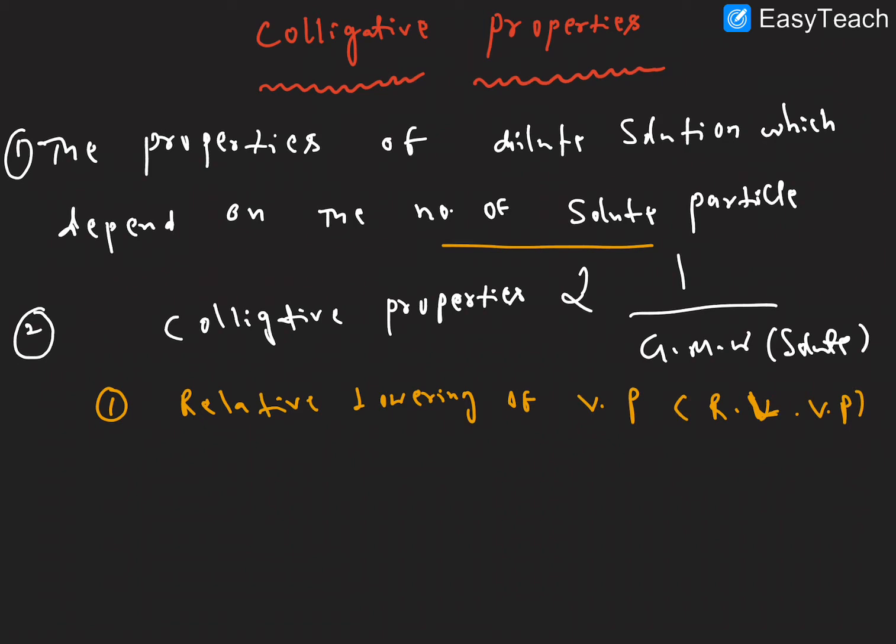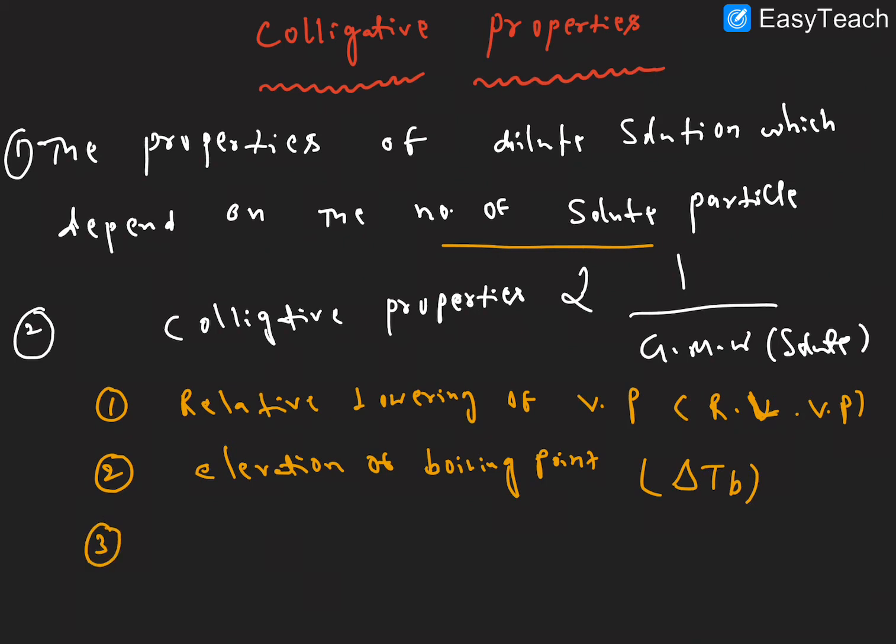The second one is elevation of boiling point, indicated by delta TB.